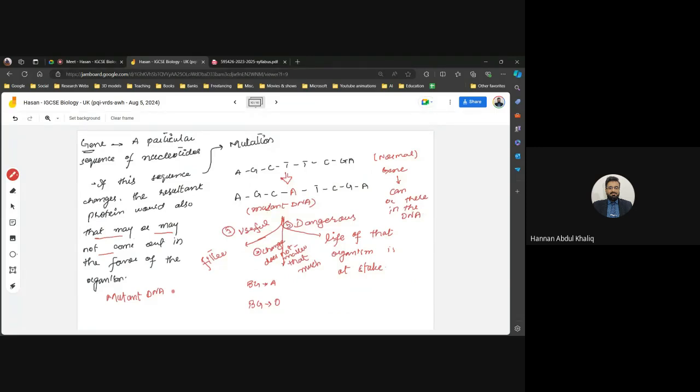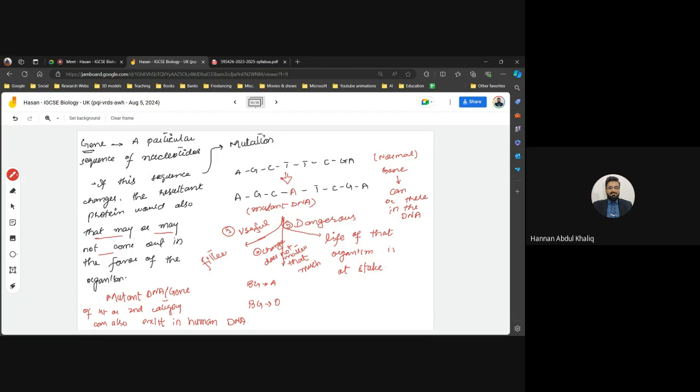Mutant DNA of the first or second category can also exist in human DNA. If the mutation is useful, then obviously we would love to have that mutation in us. And if the mutation is not useful and also not harmful, there's no problem.